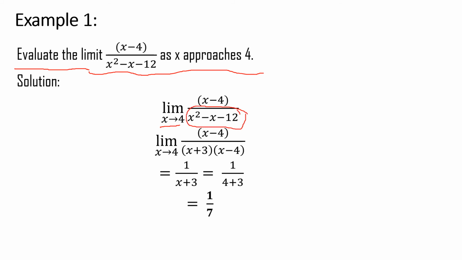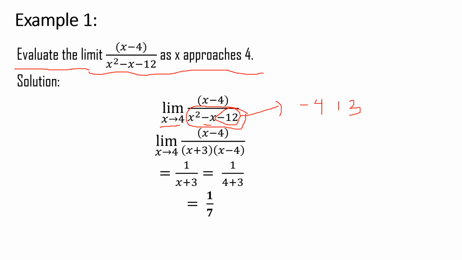You need to look for the factors of negative 12 that, once we add these two numbers, can provide you a negative 1 as the numerical coefficient of your middle term. So what are the factors of negative 12 that once added provide a negative 1? That will be negative 4 and 3.